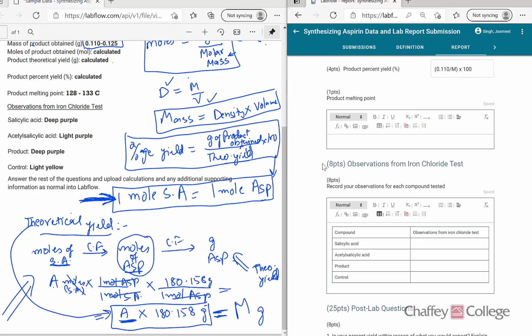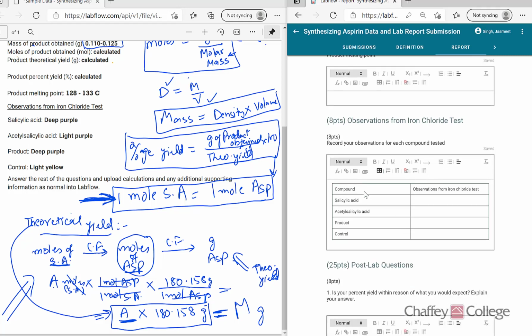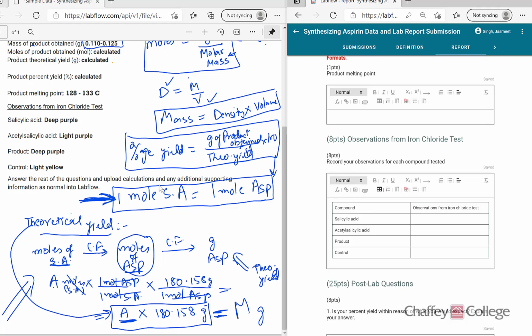Next is the observation from the iron chloride test. There is a mistake in the data, and I'll discuss that. As we learned in the beginning of this discussion, iron 3 chloride reacts with the phenol group and the color changes to purple.